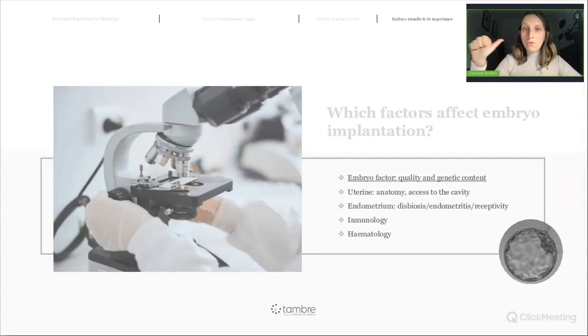One is the embryo factor, but we have to have in mind that the uterine factor can also affect implantation, such as anomalies at the anatomy, difficult access to the cavity. Also, the endometrium, if we have an altered endometrium, the chances of implantation are going to be lower, even though we have a very nice embryo. Immunology and hematology as well.